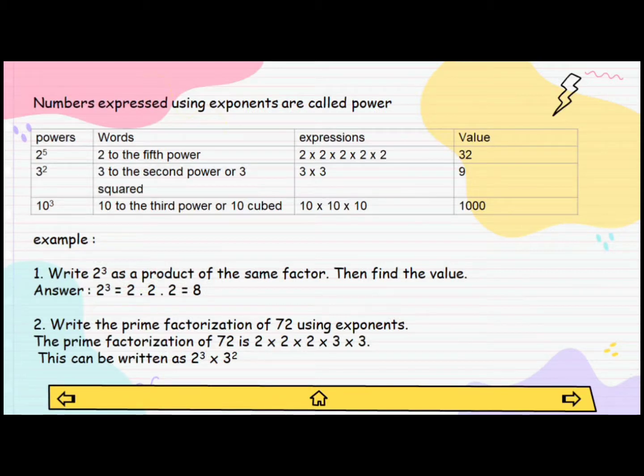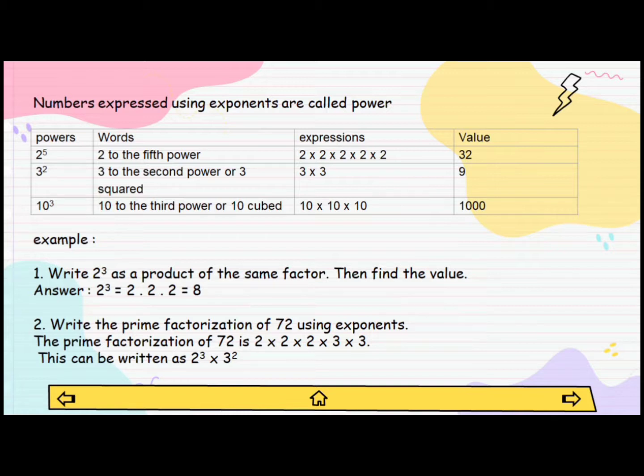Numbers expressed using exponents are called powers, as in this picture. For example, number 1. Write 2 cubed as a product of the same factor, then find the value. Answer, 2 cubed equals 2 times 2 times 2 equals 8.